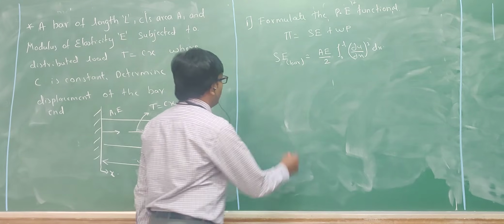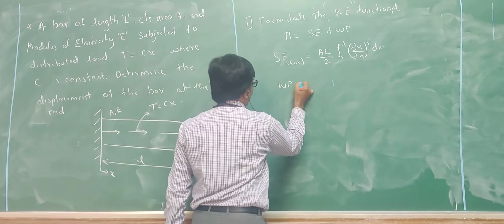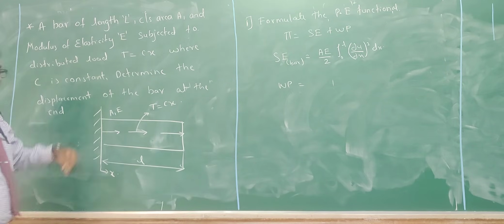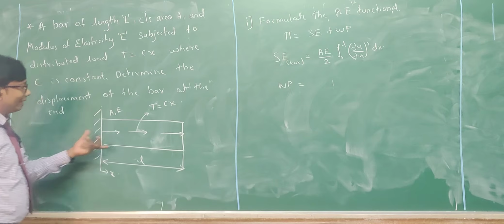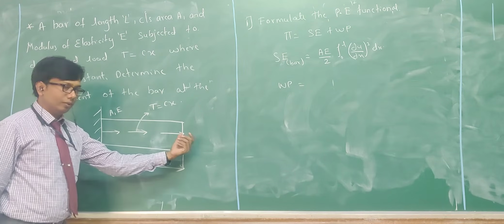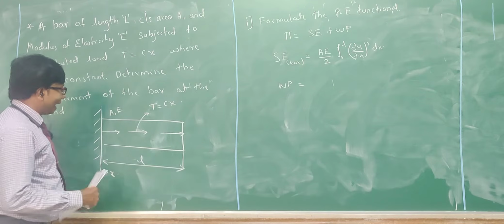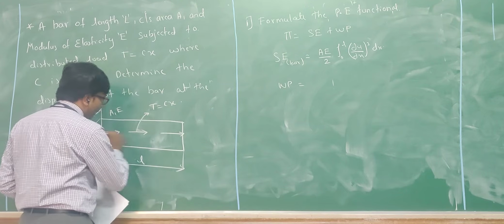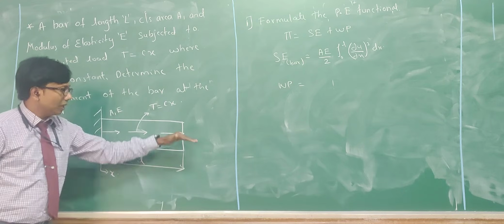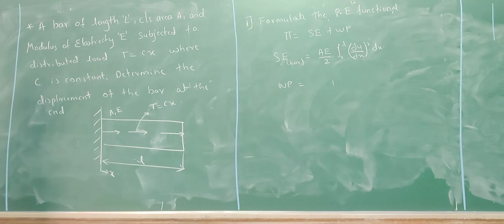Now you have to write the work potential. Carefully see here: this is a distributed load. A distributed load means the load acting over a certain length, or the overall length. It is not acting at a particular point, it is acting throughout the axis, so it becomes a surface force.